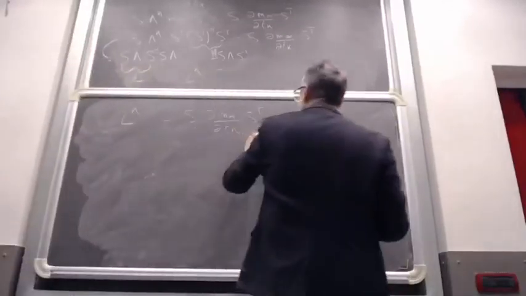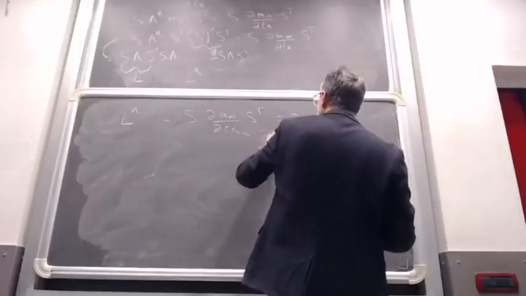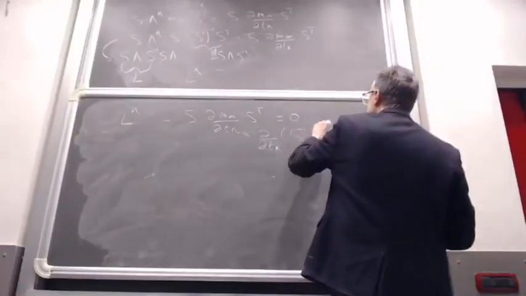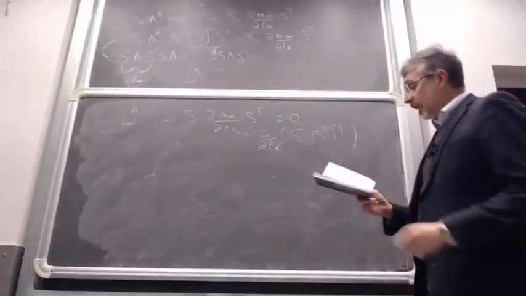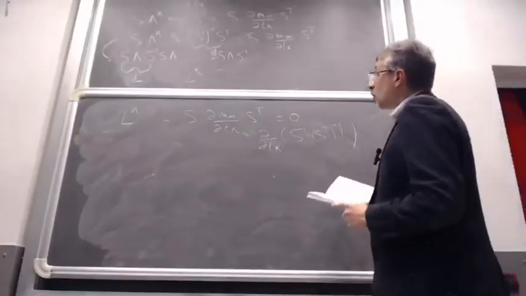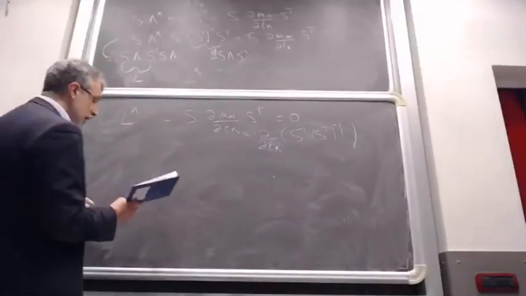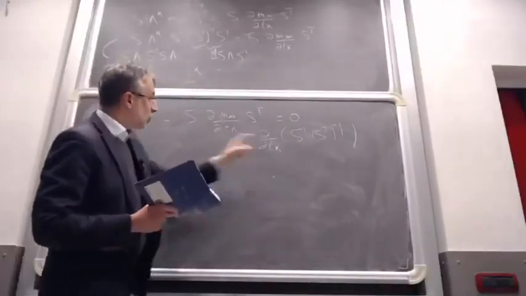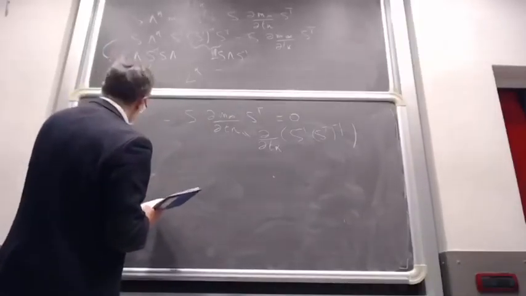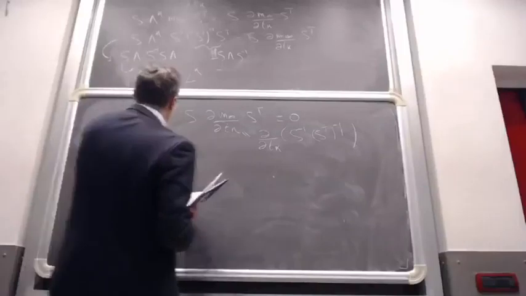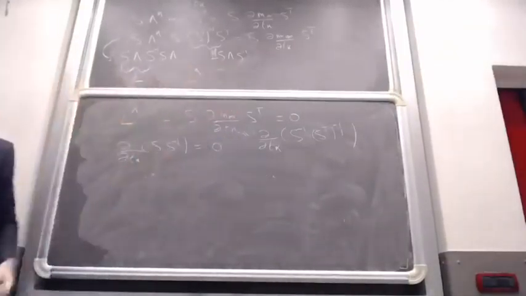We differentiate. We use the definition of m infinity, so S to the minus 1, S transpose to the minus 1, and then what we get from this expression. So we use this definition, and then we also use the fact that if we differentiate S to the minus 1, again the usual trick, the derivative of the identity is 0.